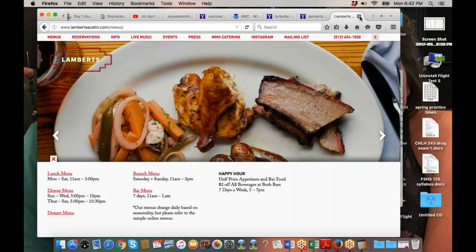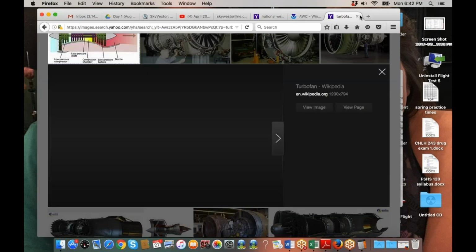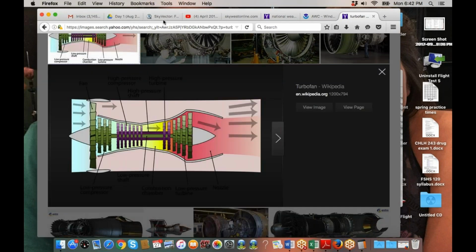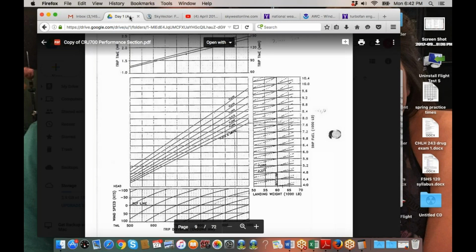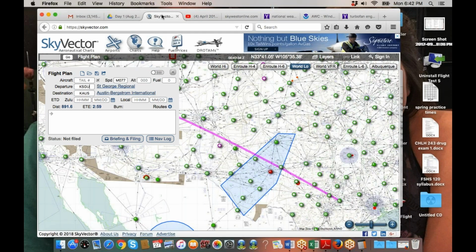Anyway, sorry. If you ever go to Austin, go to Lambert's for the brunch. But I digress. Got a little excited there. Also worth the drive to get out to Salt Licks. Oh yeah, Salt Lick. Man. Whew. That is good.